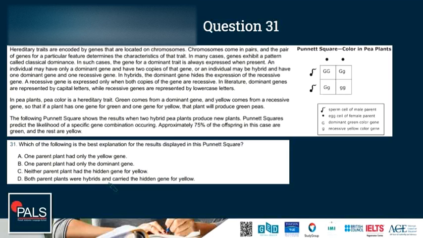Hereditary traits are encoded by genes that are located on chromosomes. Chromosomes come in pairs, and the pair of genes for a particular feature determines the characteristics of that trait. In many cases, genes exhibit a pattern called classical dominance.